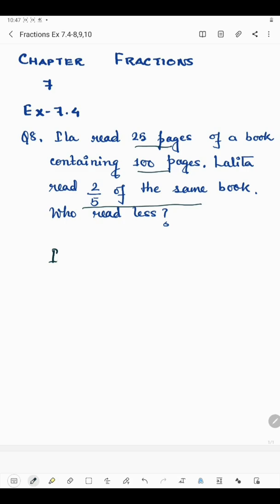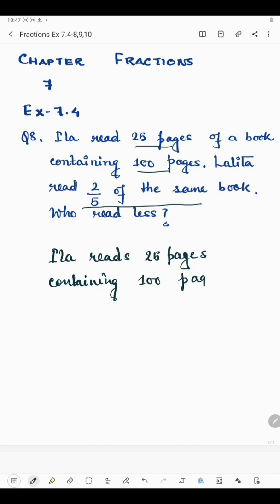If Ela reads 25 pages, containing 100 pages, then the fraction of the book Ela reads is 25 by 100.